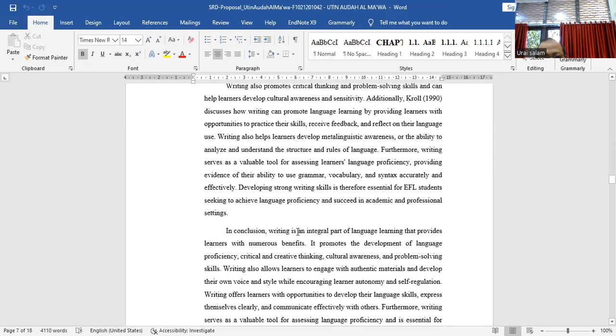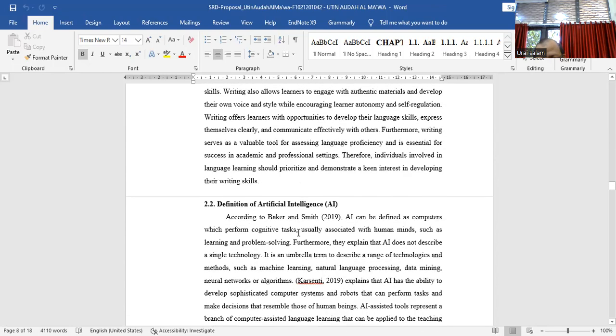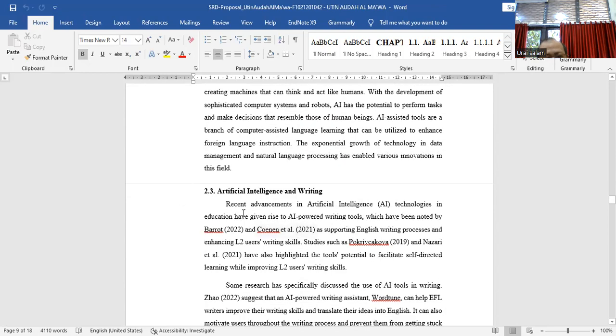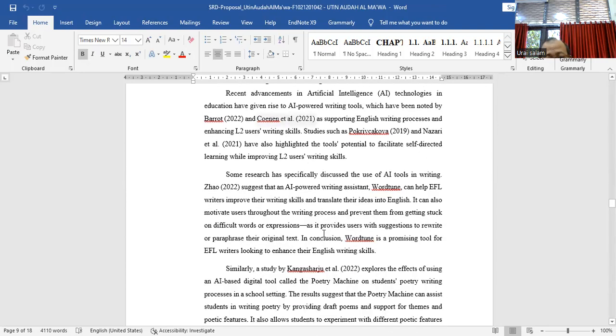And then, artificial intelligence and writing. Yes, I think you need that section. You can discuss specifically how AI has been used by people to help the process of writing, and also the challenges.